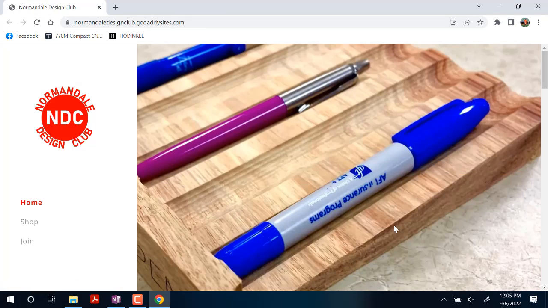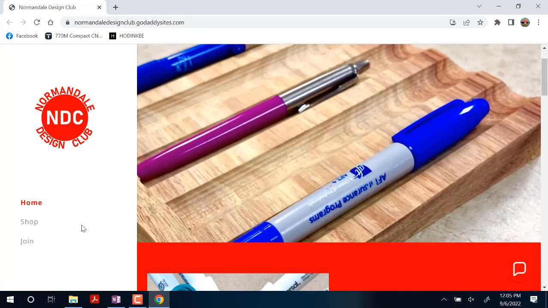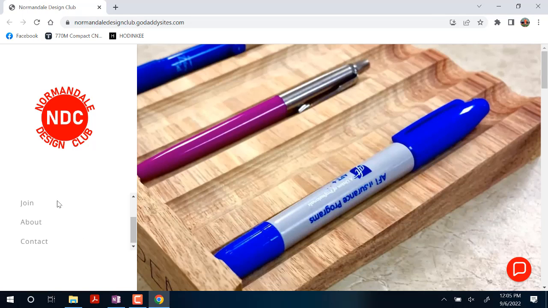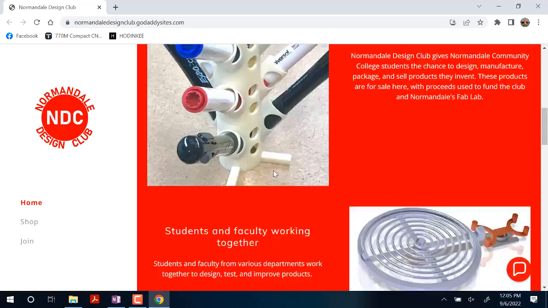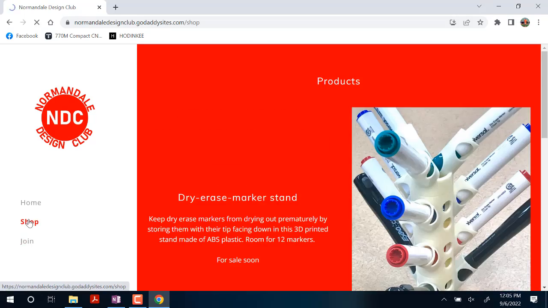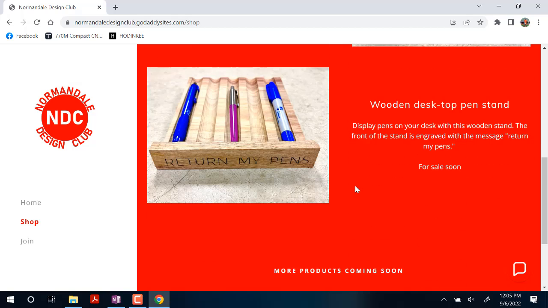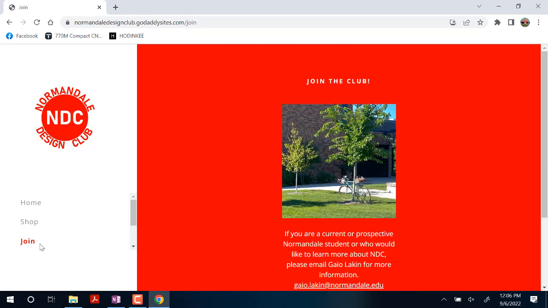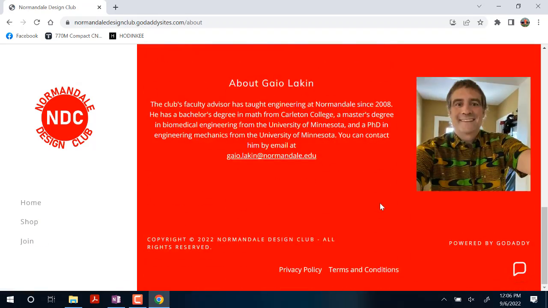Okay, so this is basically the website. It's got a main page. Eventually, this will be where you can buy stuff. Some stuff about Normandale.